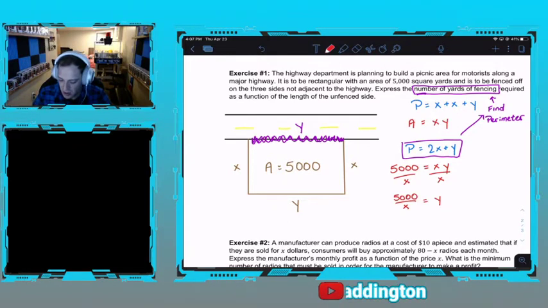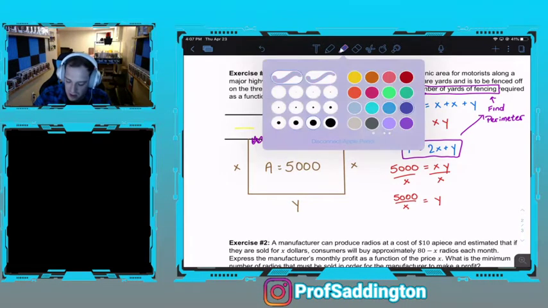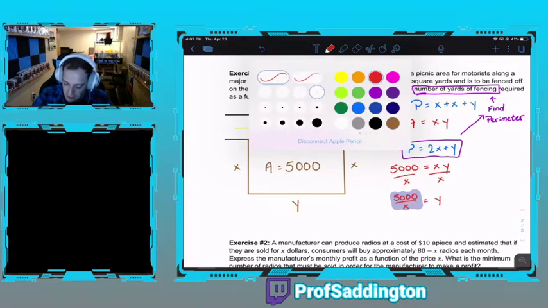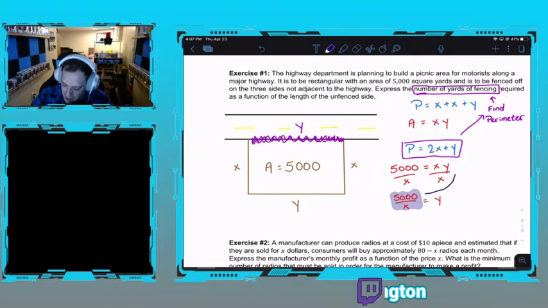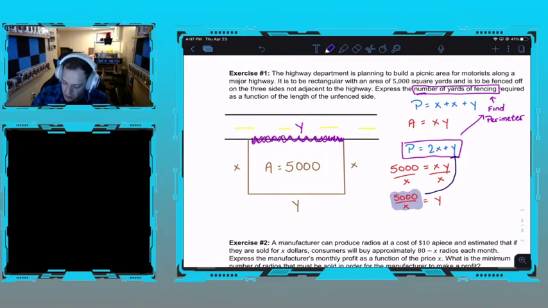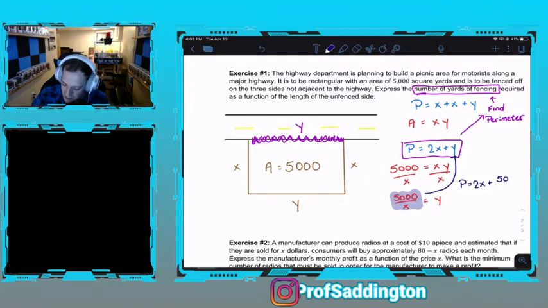Now again, since the y was the unfenced side, we can now just take this and substitute it into our other function. So I'm just going to take it and plug it in for that y, and then we will have an equation that we can write out for perimeter. So we have p is equal to 2x plus 5,000 over x.